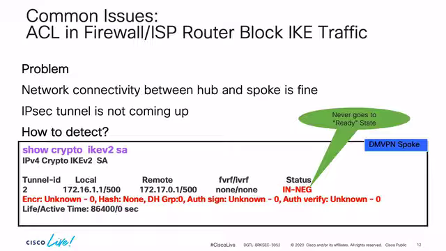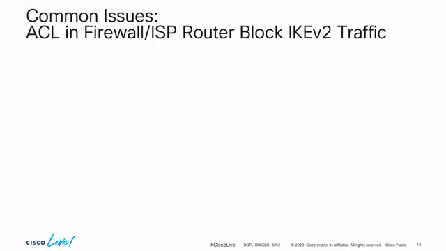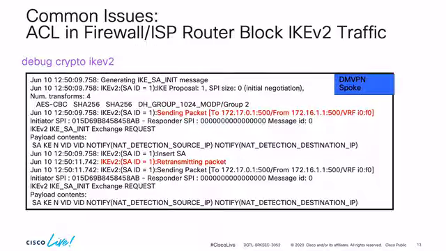So how do you ensure that this is the problem? You can run debugs on the spokes. I would highly recommend that you run debugs on the spokes if applicable. If you need to run a debug on the hub, make sure you run conditional debugs, because you do not want to overwhelm the router and crash it by running debugs on a busy hub.